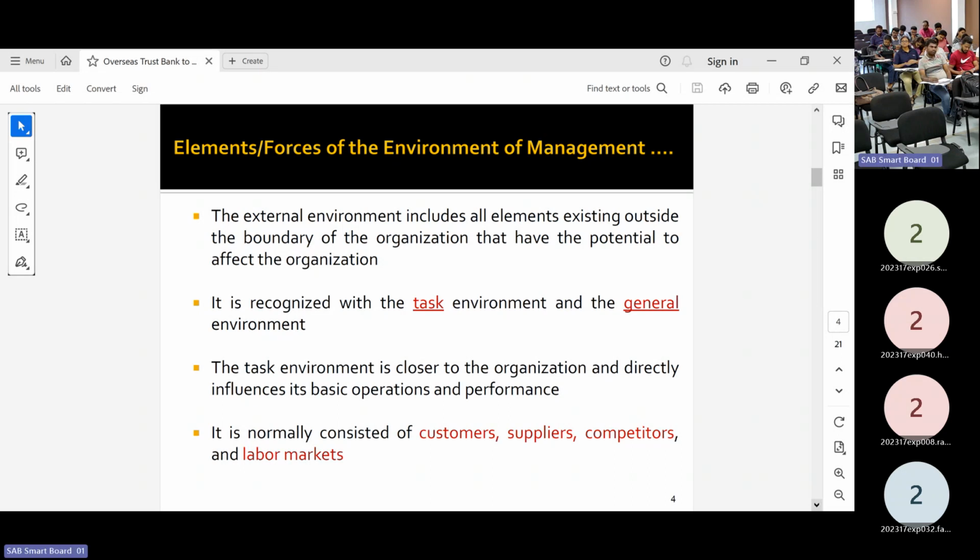That is also coming under the task environment. It does not go to the macro. Legal environment goes there, with the political. These are labor market situations from which the labor is hired, recruited, selected. And it is closer. Regularly, managers can deal with it. Therefore, similar to the other three, customers, suppliers, competitors, labor market forces are also considered here in the task environment.